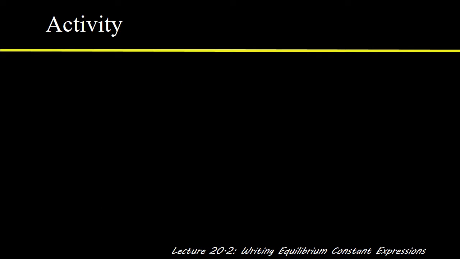Oh, okay. I accidentally advanced a little bit too quick to the next slide. But basically, to summarize that, I just had a little bit of text at the bottom. You should be able to write that equilibrium constant expression, but you should also be able to state that in words.